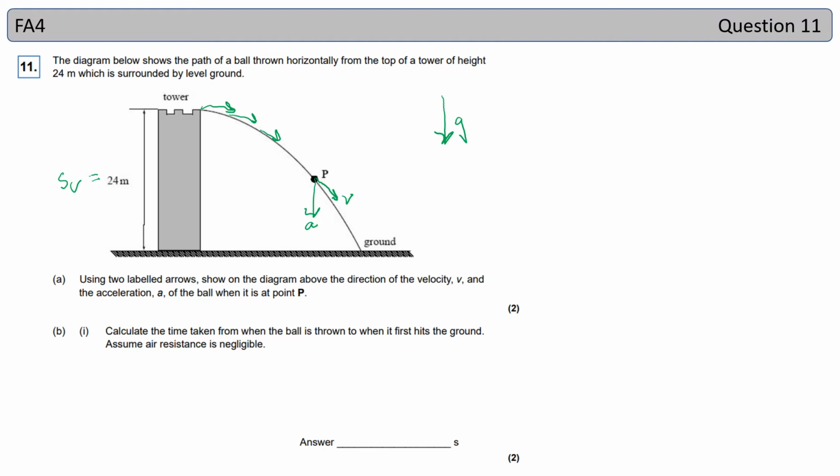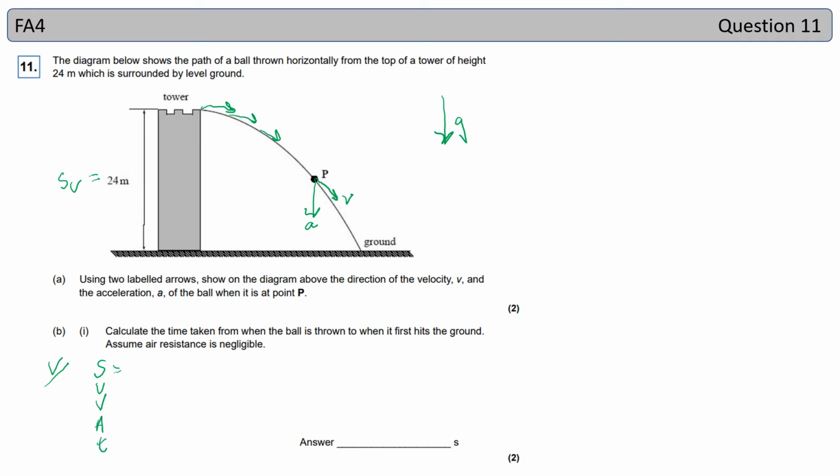Then it says calculate the time taken from when the ball is thrown to when it first hits the ground. Well, we've only got information given to us in the vertical plane. We know the height that this is. So in the vertical plane, we're going to write our SUVAT and put what we know.